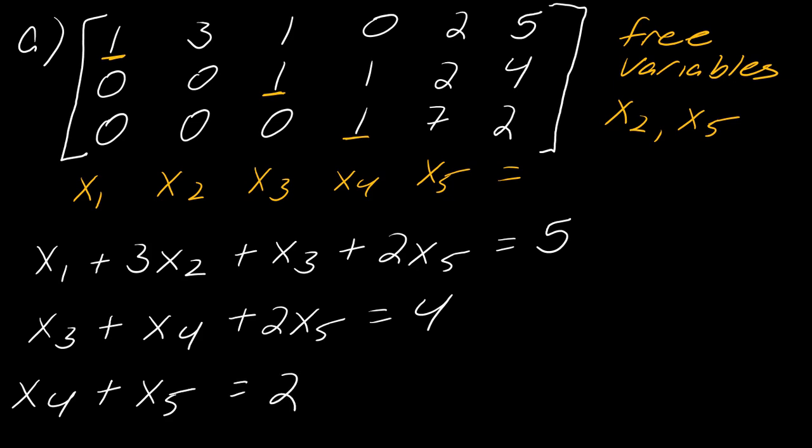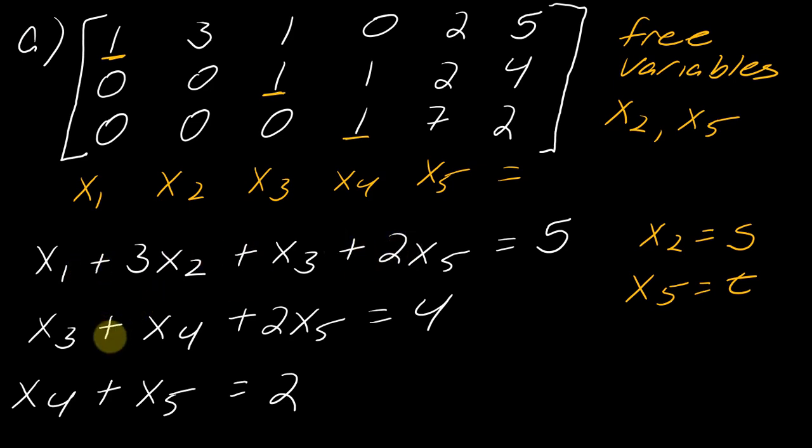Okay, so now, just so that I don't get confused, I think it's helpful to declare the free variables. Some books do this and some books don't. The book that I'm using in my class does, and I like declaring what the free variables are because then I don't get confused. So I'm going to let my x2 be an s, and I'm going to let my x5 be a t.